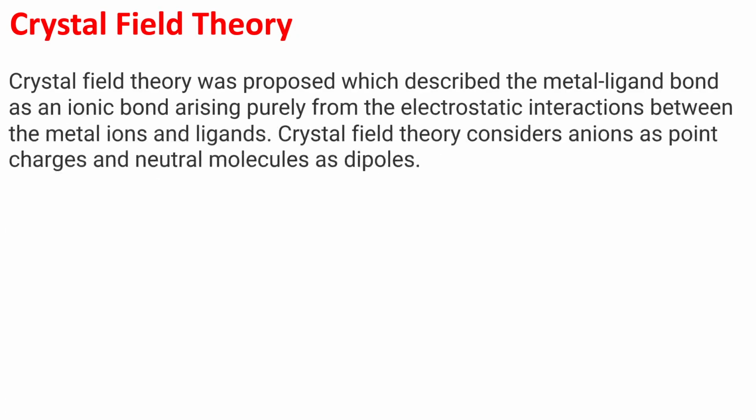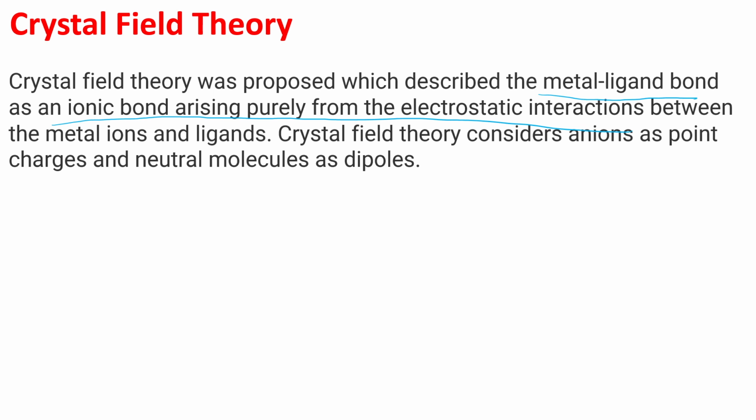Crystal field theory was proposed, which described the metal-ligand bond as an ionic bond. In VBT, they defined that the metal-ligand bond has covalent character, a covalent coordination bond forms.